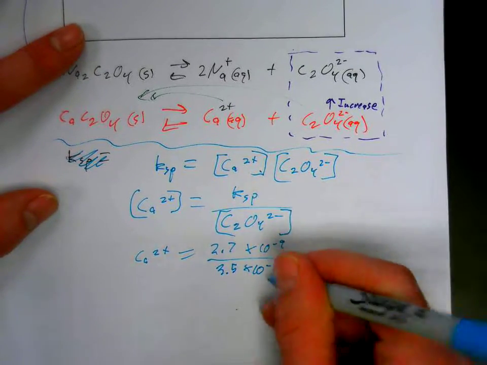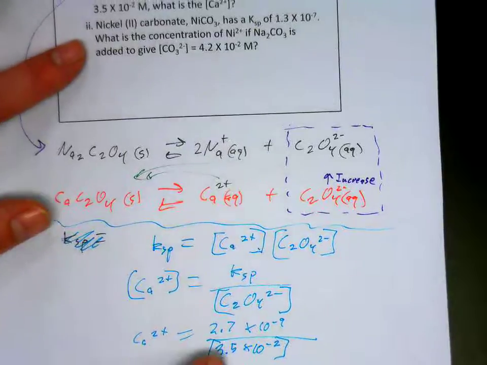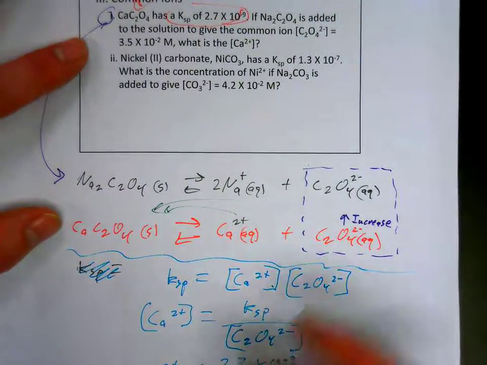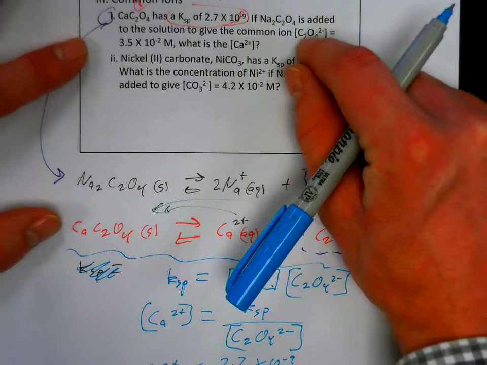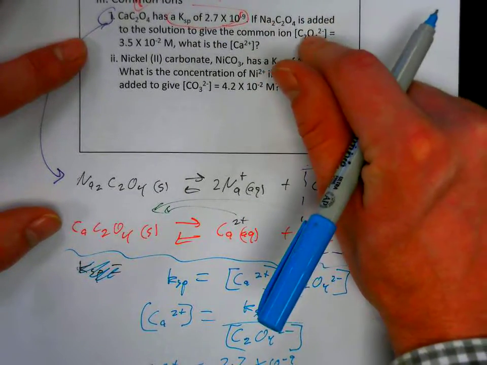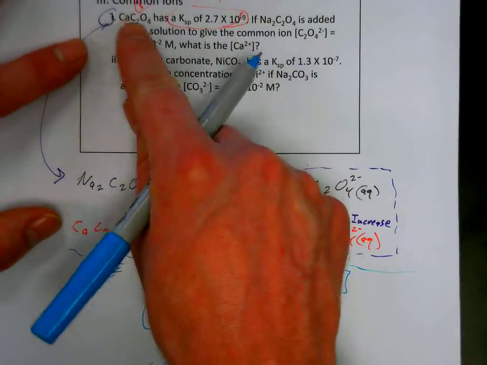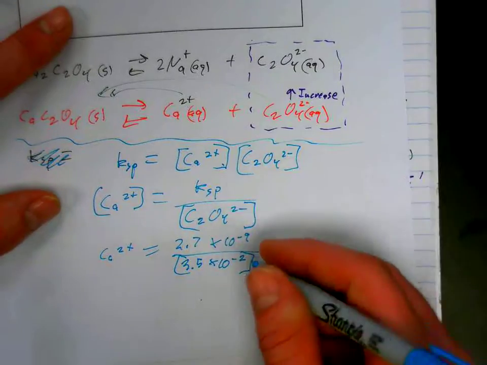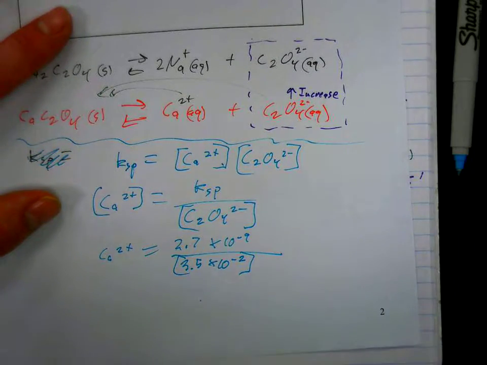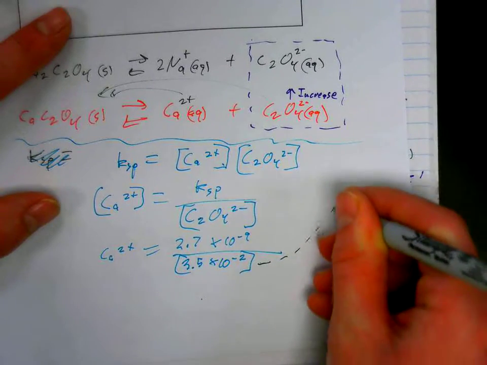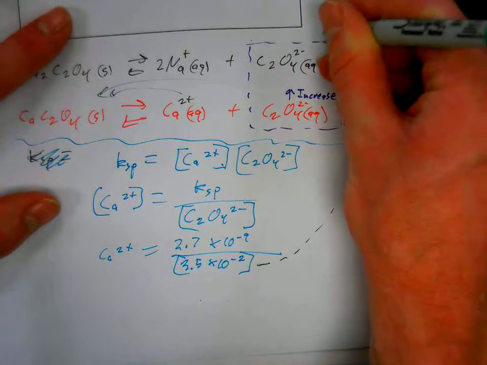So our problem is also giving us the total amount of the chromate from the sodium chromate and the chromate from the calcium chromate. So it's actually adding both of these when we think of this number right here. So this number is inclusive of both of these, the chromate from the sodium chromate and the chromate from the calcium chromate.